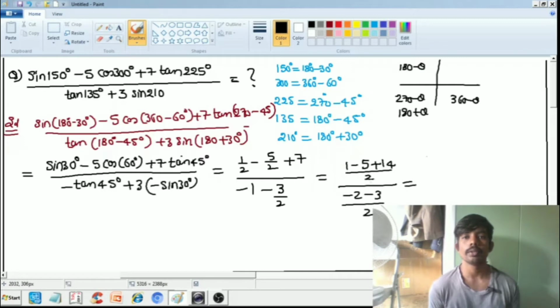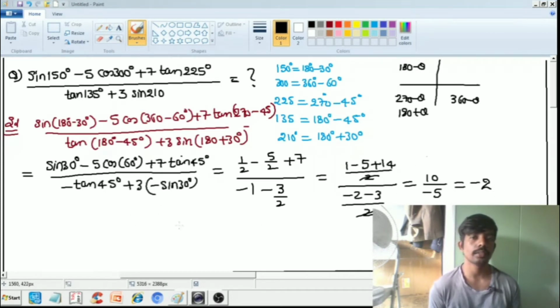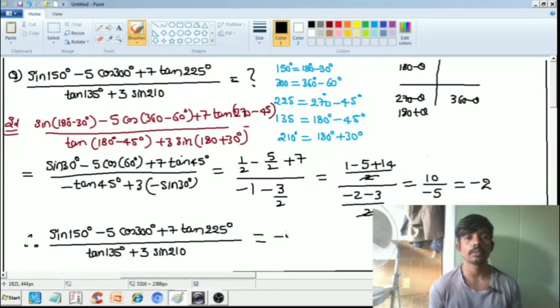So from here the 2s cancel, and this is 10, this is minus 5, so 5 twos are 10, hence minus 2. Hence LHS is equal to minus 2. Therefore the solution is minus 2. This is the solution for the second question.